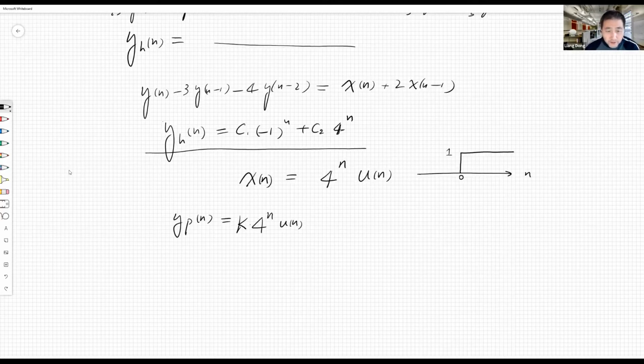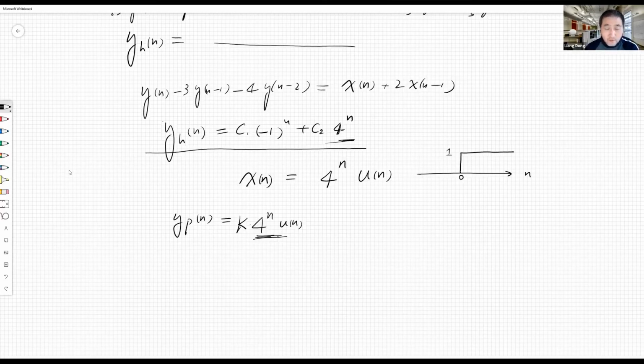If you look at the particular solution, we got this term, 4 to the power n, and the homogeneous solution also has 4 to the power n. If you write out the total solution, you need to add those two together. So we have this term and this term, and they are dependent on each other. If they are dependent, including C2 and K gives you only one coefficient. You lost one term here.